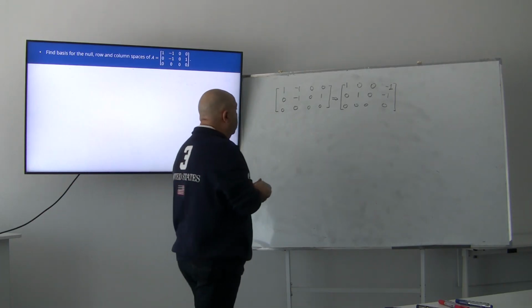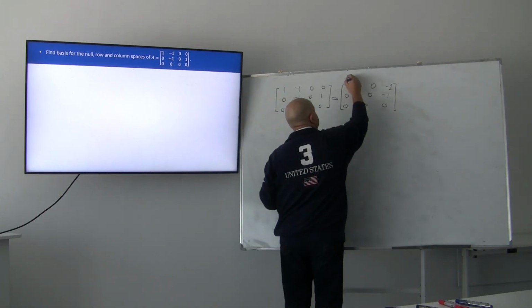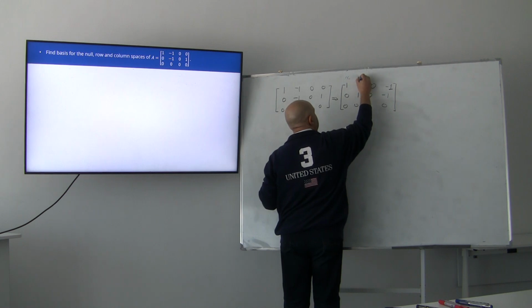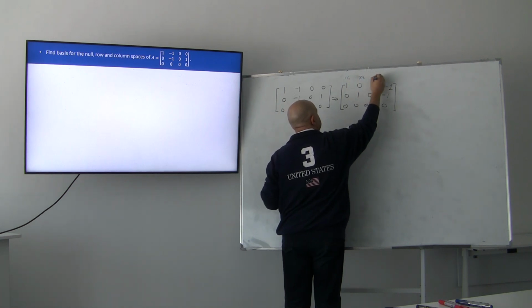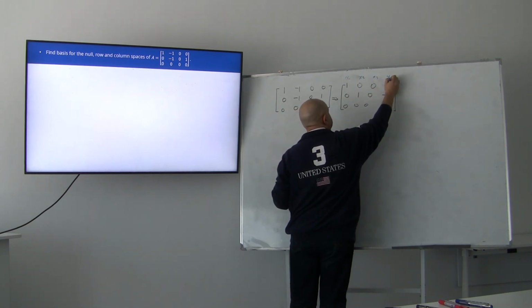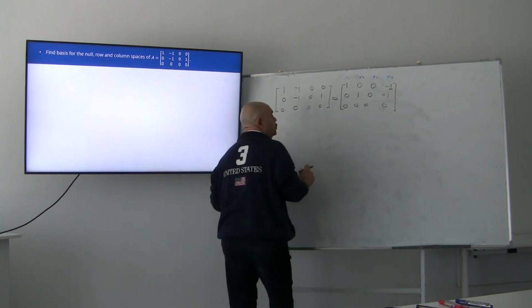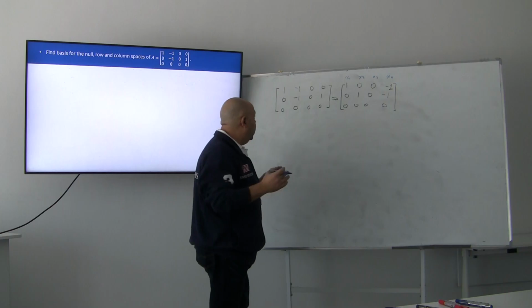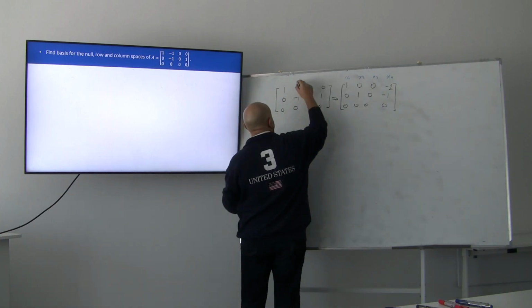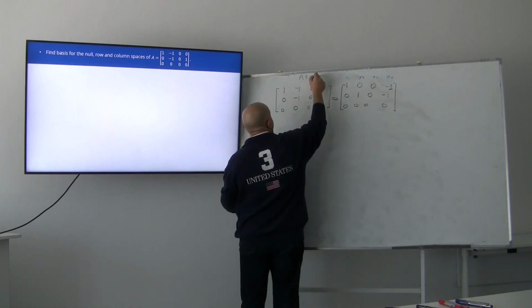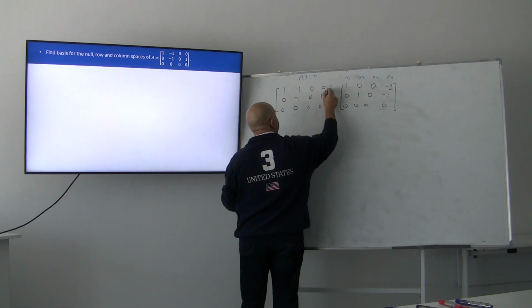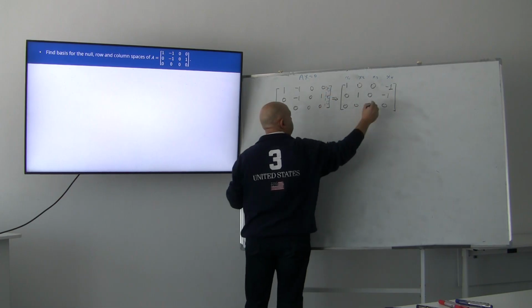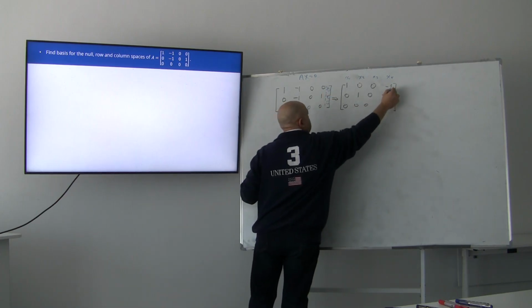I will once more consider this is the x1 column, this is x2, x3, and that's x4. And I will try to write this system of equations as a homogeneous system of equations. So actually I'm solving Ax equal to 0, as I told you. I'm usually more comfortable putting it like that.